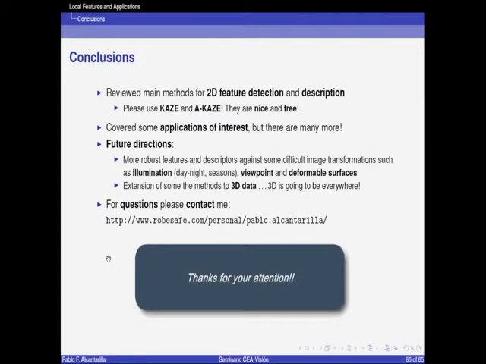And also the extension of some of the feature detection and description methods from the 2D domain to the 3D domain. So in the near future, 3D is going to be everywhere. Our tablets and our mobile phones are going to have depth cameras. So we need to come out with very efficient methods for feature detection and description in 3D data.